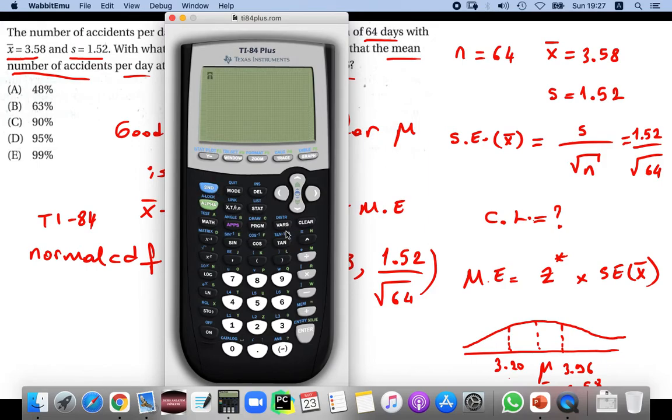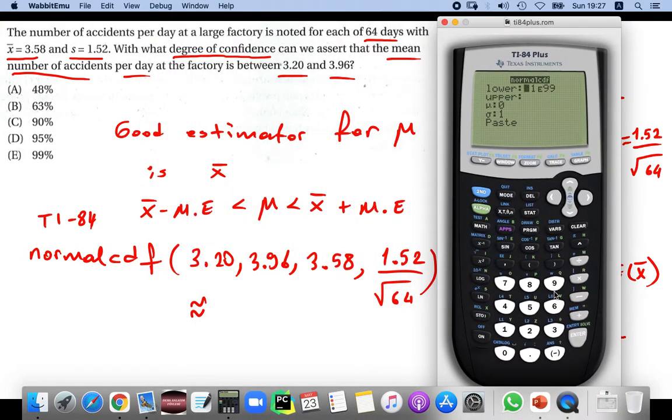Second, normalcdf, and then lower bound 3.20, upper bound 3.96, and then mu is 3.58, and do not forget that our x bar could be regarded as 3.58 since this is our best estimator for mu, and then standard error 1.52 divided by square root of 64, which is 8, or you can even write square root of 64 like this.